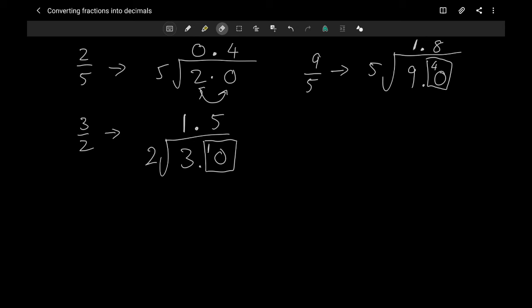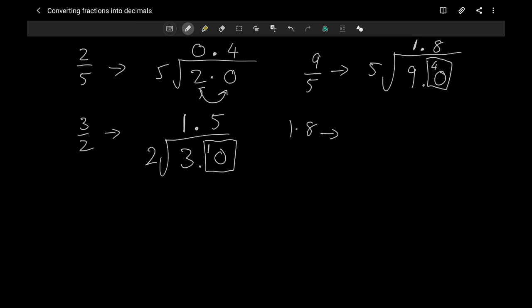So if you're in an exam situation and they ask you to convert 9/5 into a decimal, and you've done all your calculations and you get an answer of 1.8, how do you know that answer is correct? Well, you can always double check. And the way you do that is you convert 1.8 into a fraction.